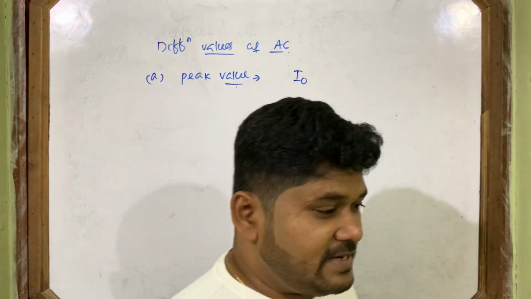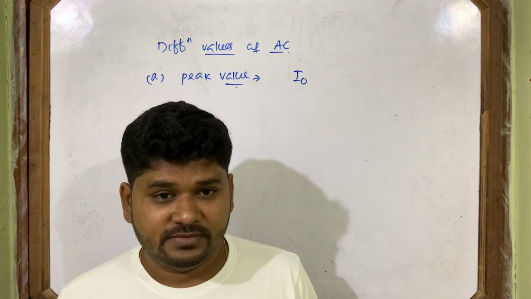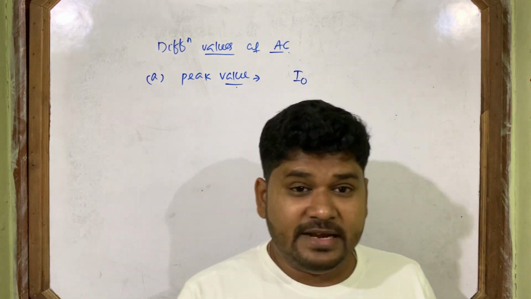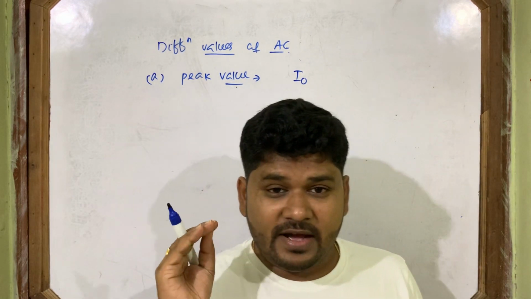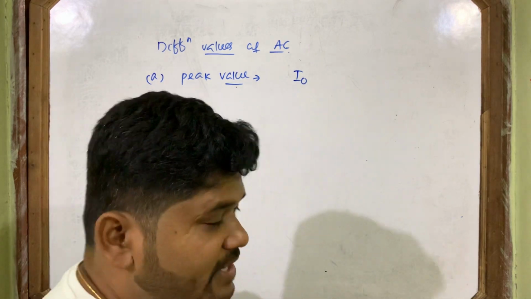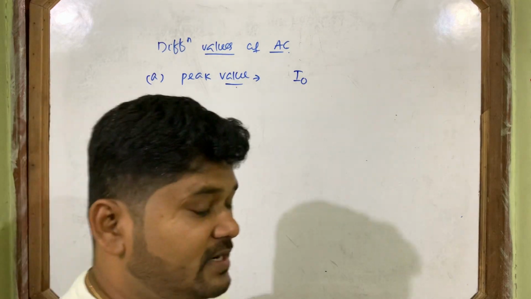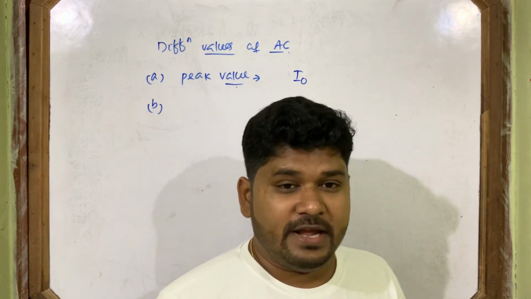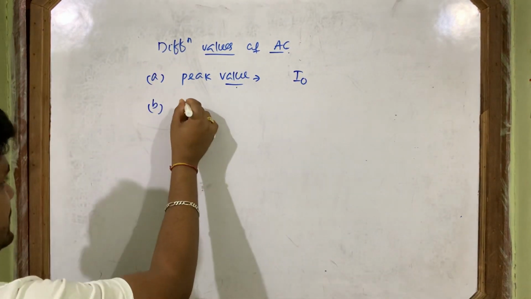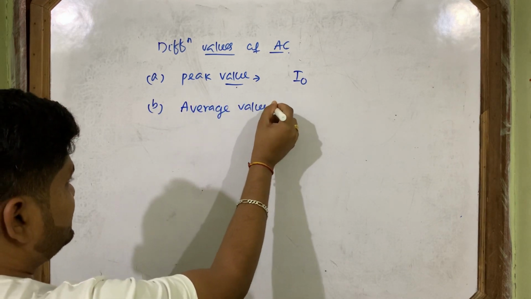The current varies between plus I naught and minus I naught. At least you can have one idea that the current oscillates between these amplitudes. But going beyond the peak value, we'll discuss another value to get more idea. That is the average value.